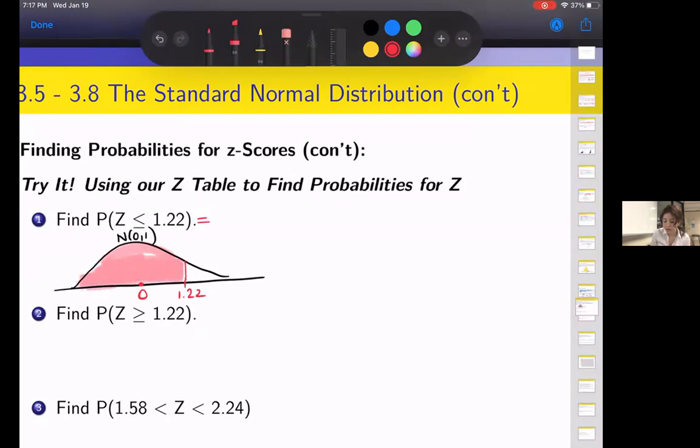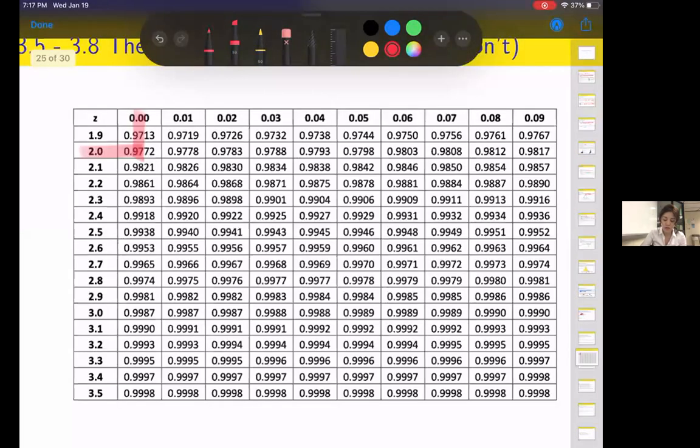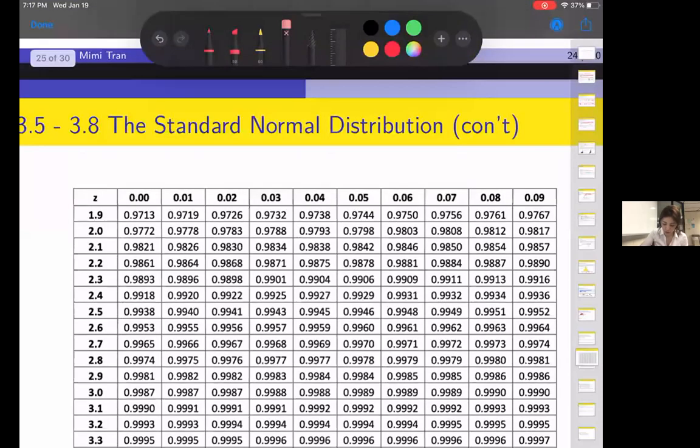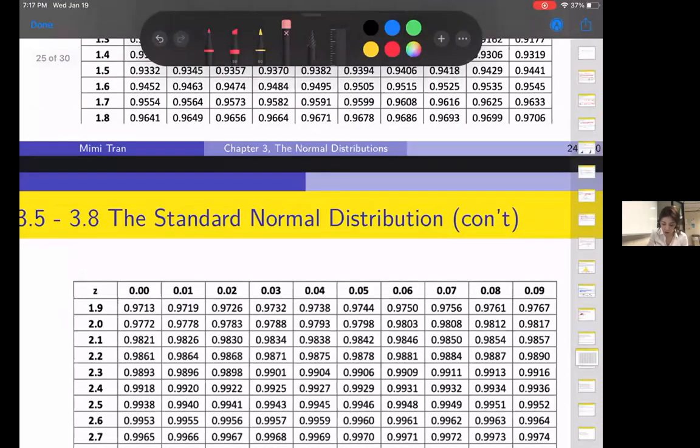So all you have to do is look up the z table, go down here to 1.22.